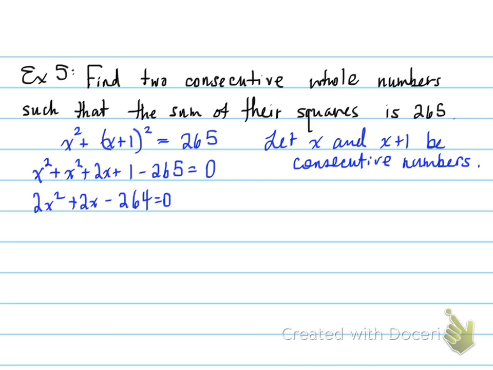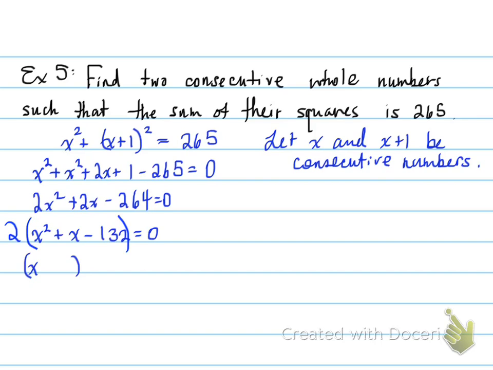Now what we will do is common factor the 2 out of that entire expression, and then we're going to try and factor. You should look carefully because negative 132 is part of the 12 times table that you should already know.